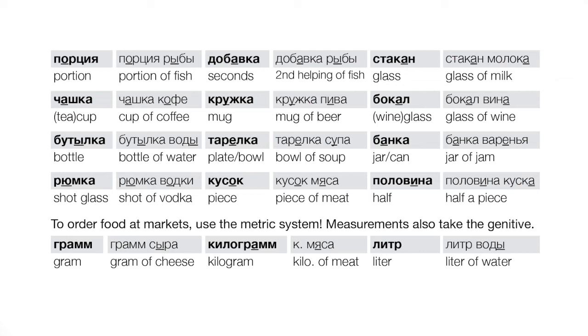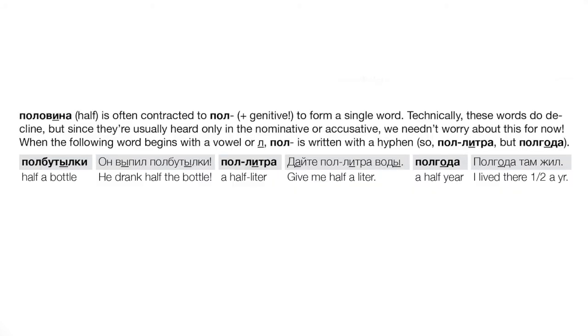Another quick item, половина, we just saw means half, and that's often contracted to a little form пол- when combined with other nouns to say like half of a bottle or a half liter, a half year or whatever. So you can watch out for these expressions. Полбутылки.